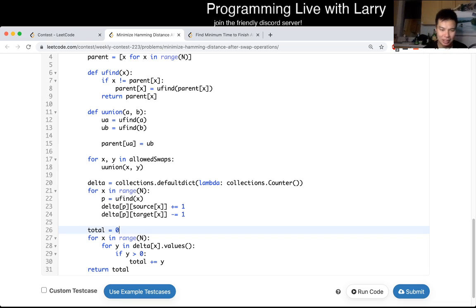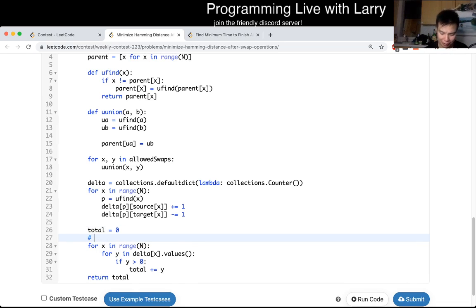And just to give a little bit of illustration, because I think some people struggle with this kind of explanation, let's say the parents in a union find kind of way is 1 1 1, 2 2 2, 4 5 6, right? So in this case, we can skip the 3, and so on.